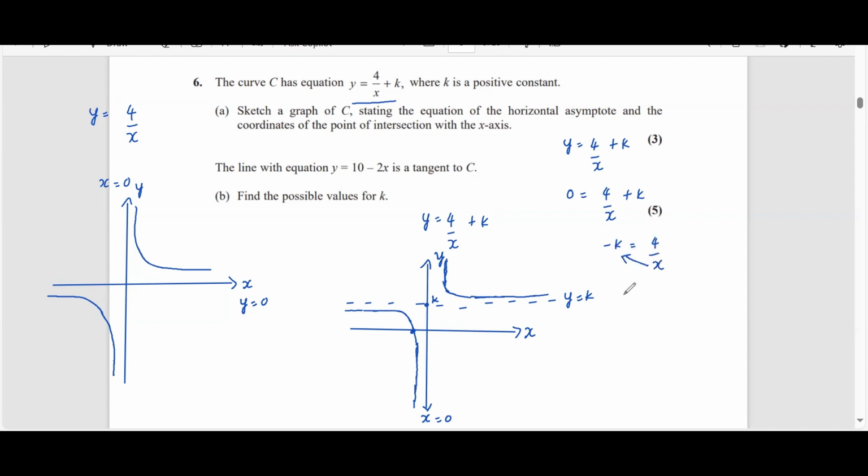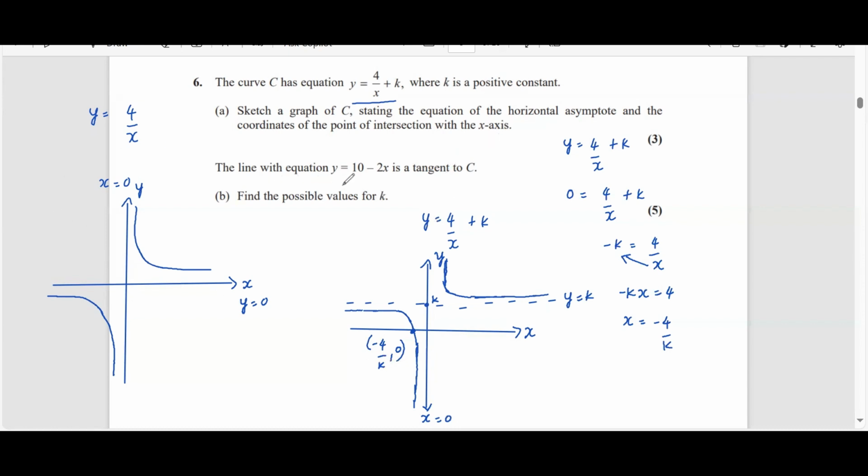Cross multiply this. Minus kx equals 4. Therefore, x equals minus 4 by k. So this point here, it's always better to write this as a coordinate. The x value we got as minus 4 by k and your y coordinate, since it's a point on the x-axis, will be 0. So we are done with the first part.